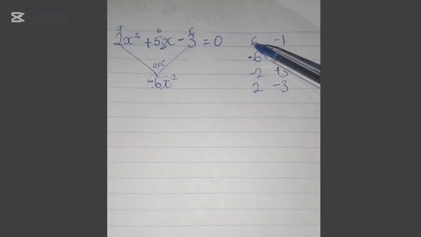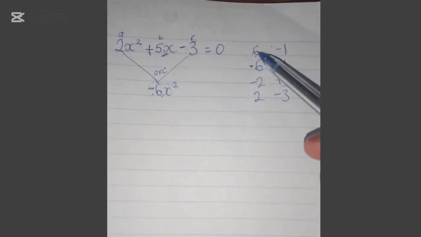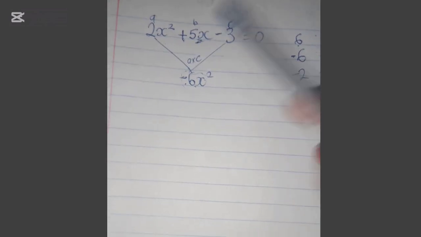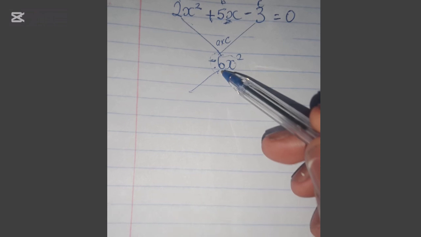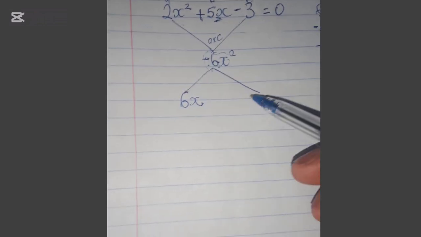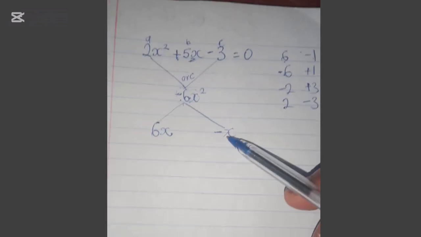If you have 6 naira, then you borrowed 1 naira. So 1 naira minus your 6, that is 5. So that's how we have our 5x. So we now broke it down into 6x minus x. You can understand that this minus 1 is the same thing as this minus x.